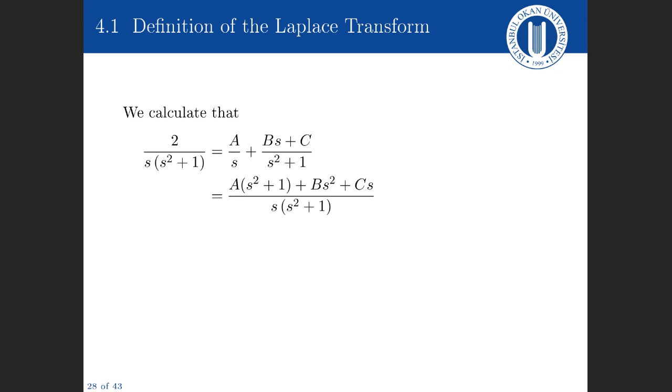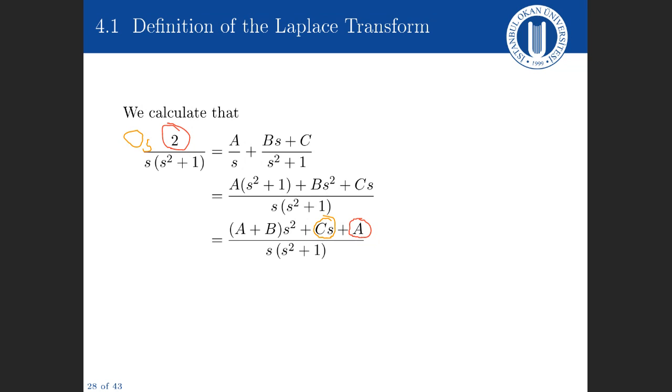Put everything over the same denominator, and then rearrange. This is the same as a plus b s squared plus cs plus a divided by s squared plus 1. And all of this thing on the top must be equal to 2. A must be 2. cs must be the same as 0s.